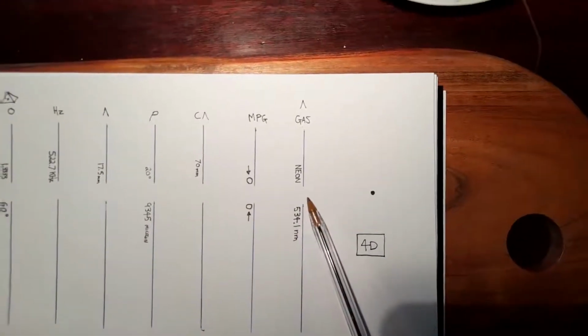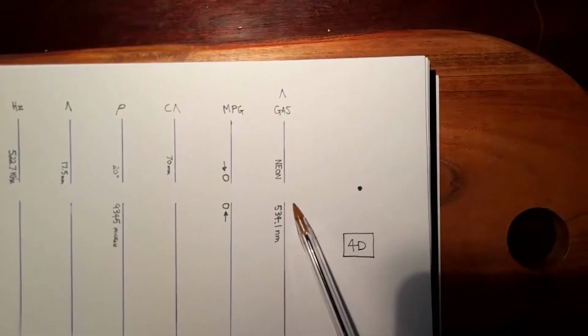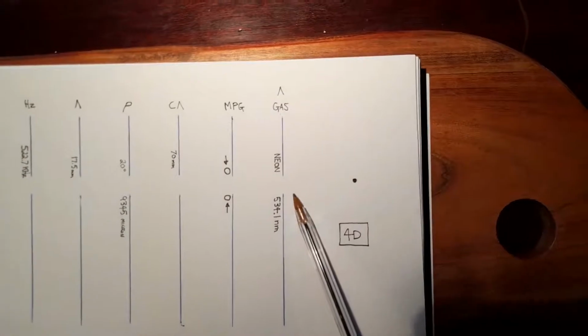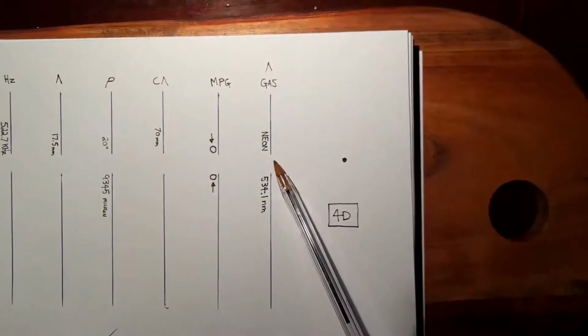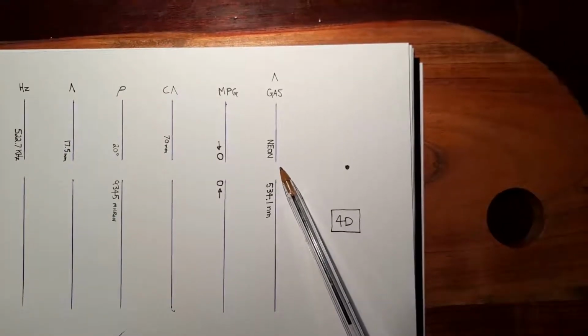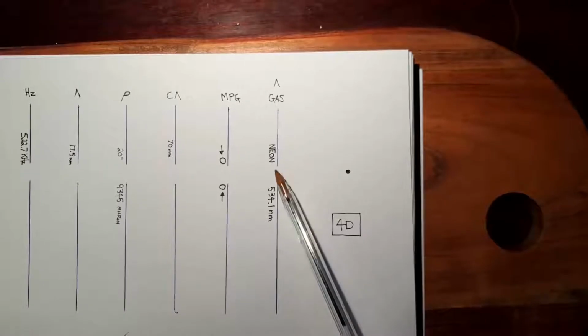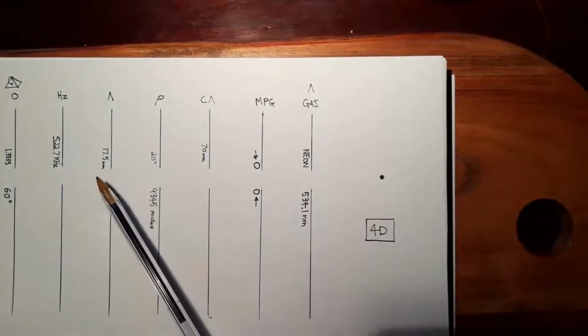It just so happens that this one's neon, which has a wavelength of 534.1 nanometers, and that is the strongest, closest line to this system. So basically, this gas is what this wavelength couples to.